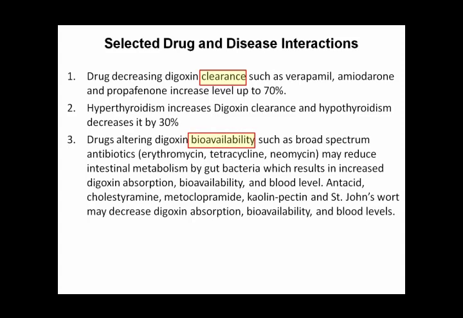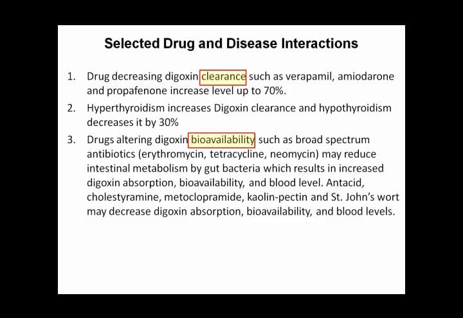Also, drugs affecting the bioavailability are very significant in the case of digoxin. For example, broad spectrum antibiotics will reduce the intestinal metabolism of digoxin by the gut bacteria, so there is less to be absorbed. In a normal person you expect more metabolism by the bacteria, which means less bioavailability.